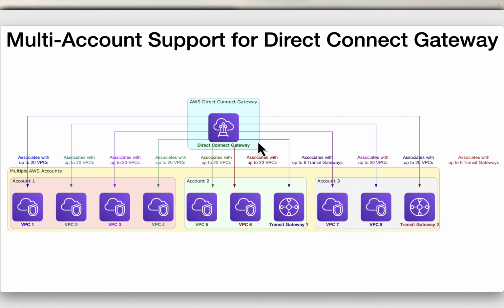So the 20 VPCs can be in 20 different AWS accounts, or the 6 AWS transit gateways could again be in 6 different AWS accounts. That is the maximum extent it can stretch. So this is multi-account support.